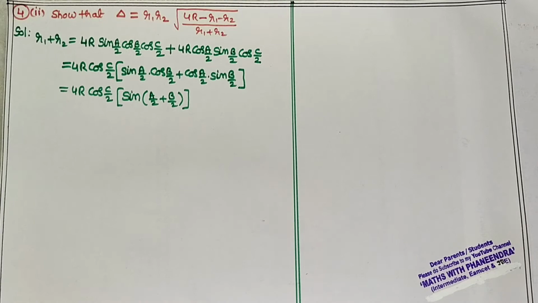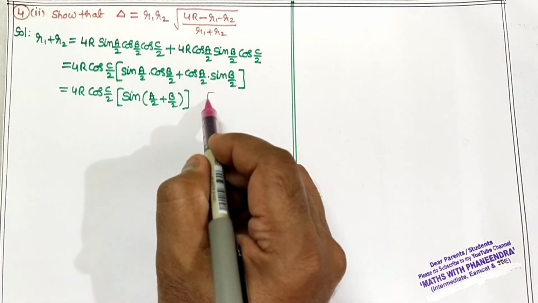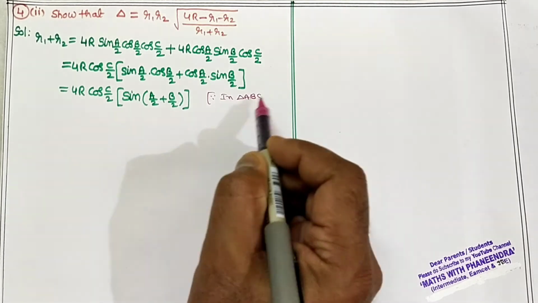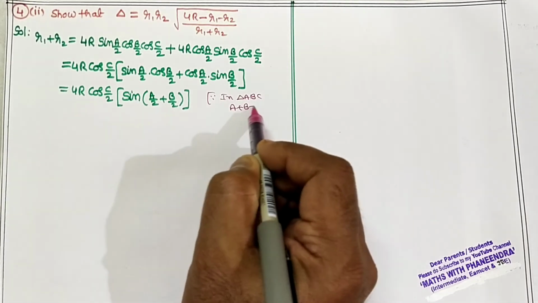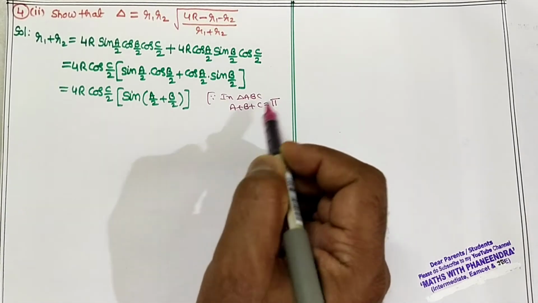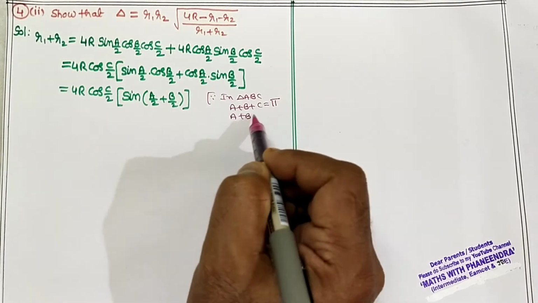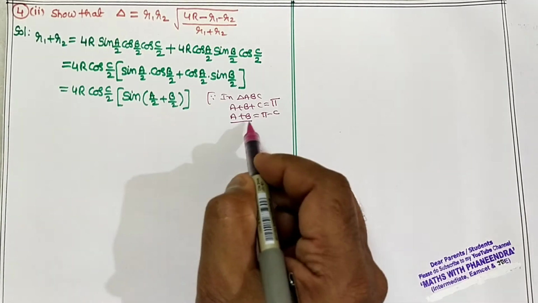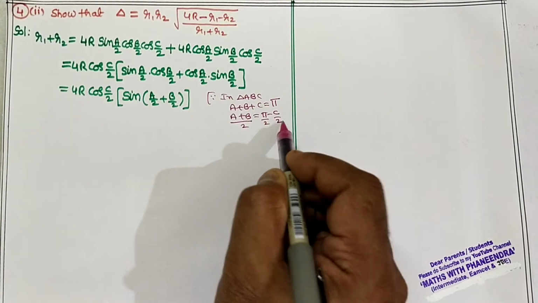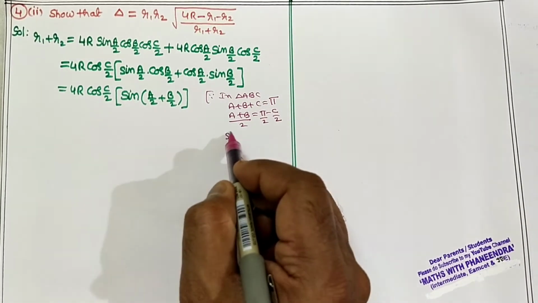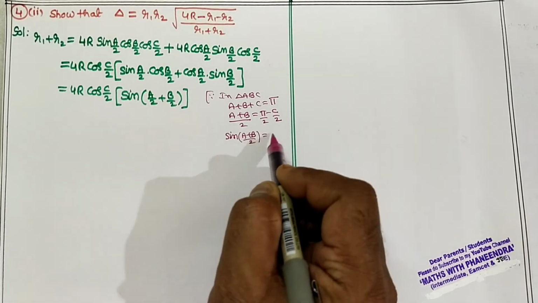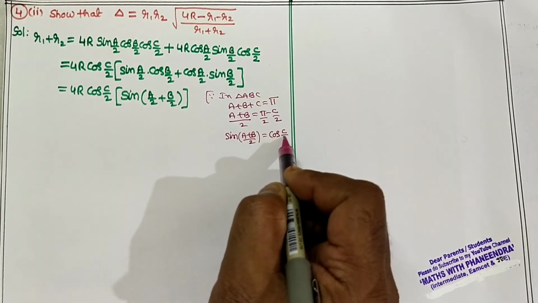After that, in triangle ABC we learned already, A plus B plus C equal to 180. So A plus B equal to 180 minus C, dividing by 2. If we take that, sin of A plus B by 2 I want. Sin of A plus B by 2 equal to sin of 90 minus C by 2, which is cos C by 2.